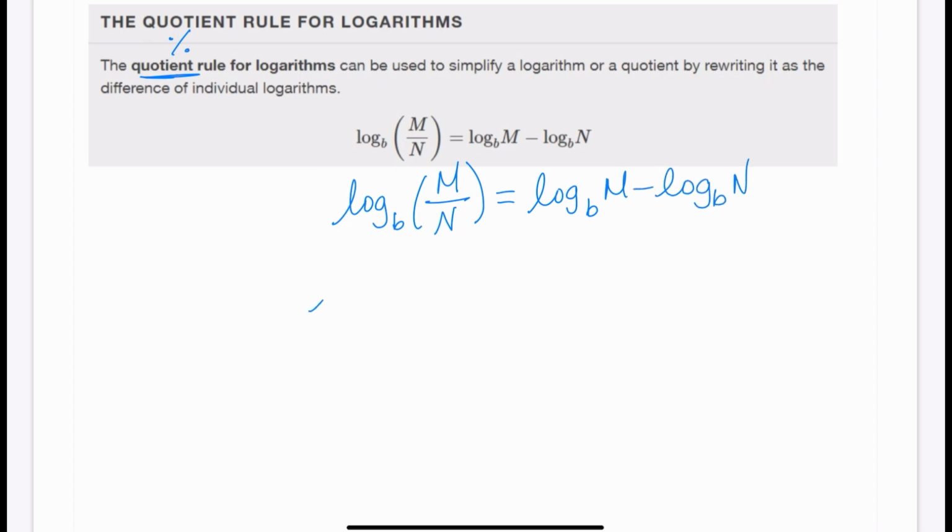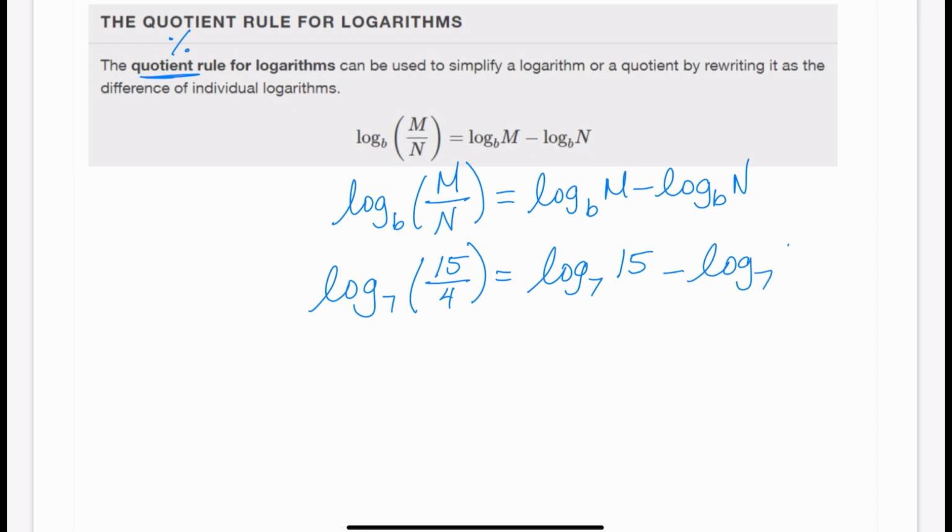So if I give you an example, the log base 7 of 15 divided by 4, I can expand this as the log base 7 of 15 minus the log base 7 of 4, and then I can just figure out that answer.